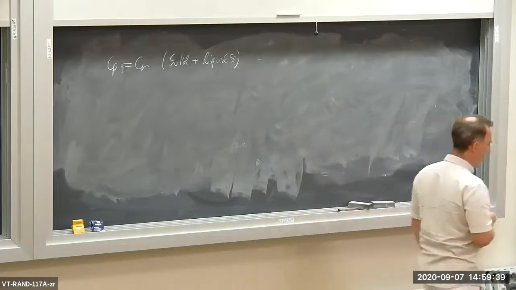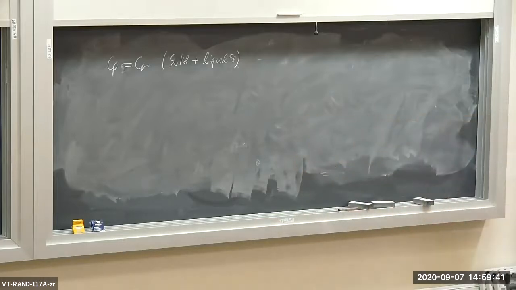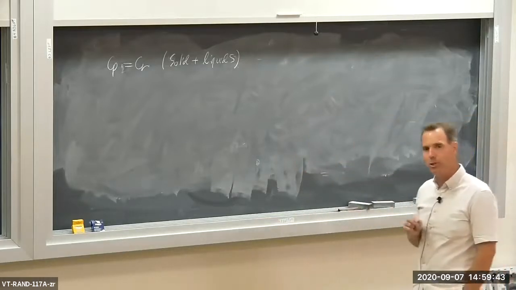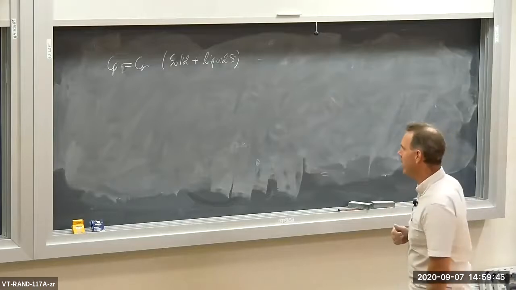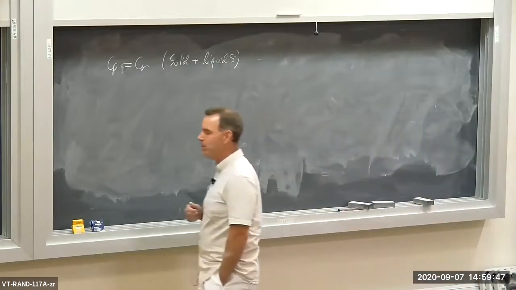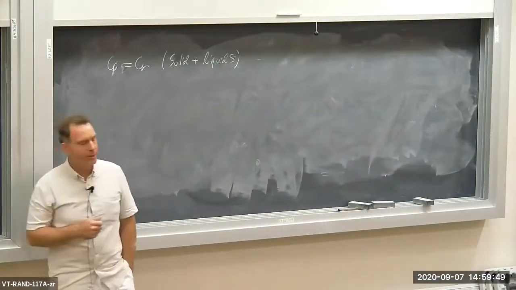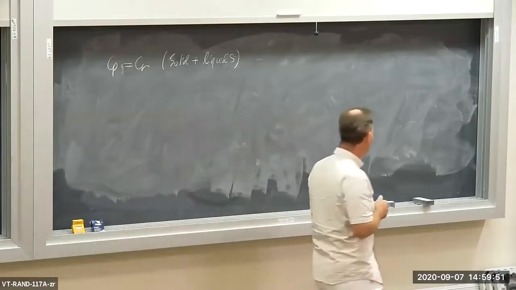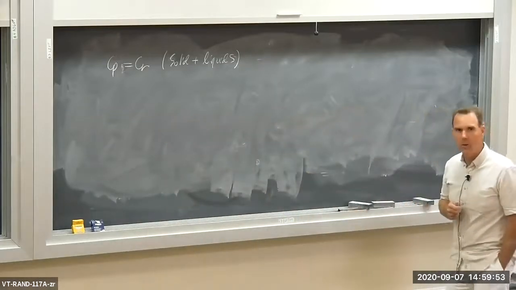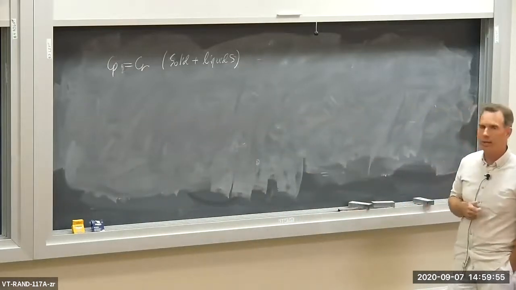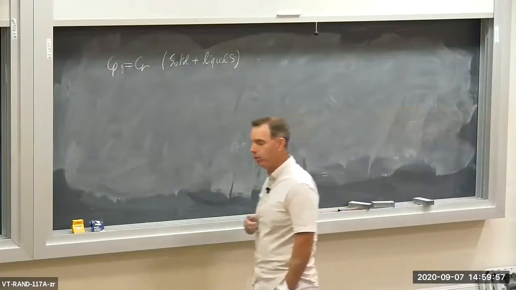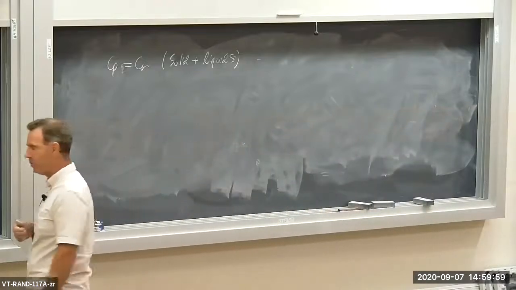Same thing for a liquid. Liquids do expand or contract slightly with temperature, but nothing compared to a gas. So specific heat at constant volume and specific heat at constant pressure are approximately equal to each other for solids and liquids. They're exactly equal to each other for incompressible substances. Okay?